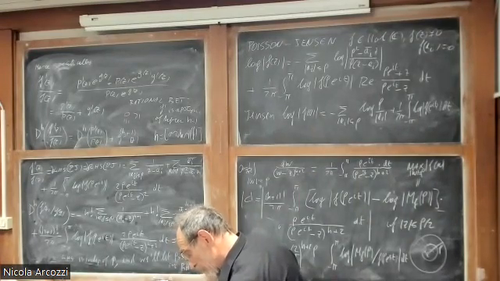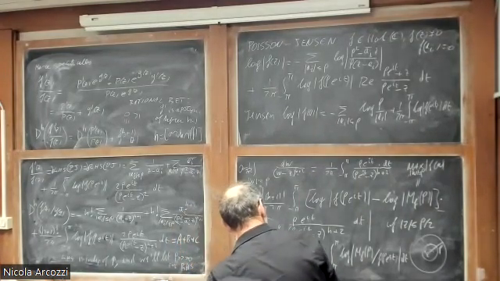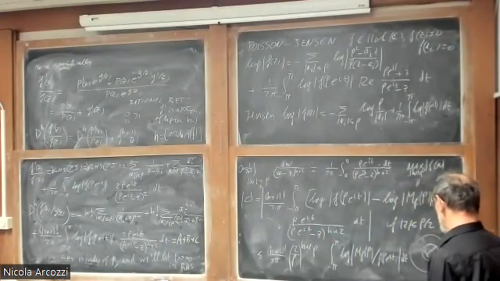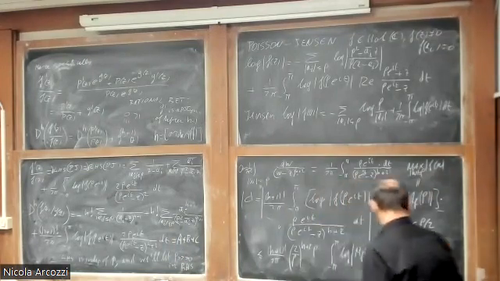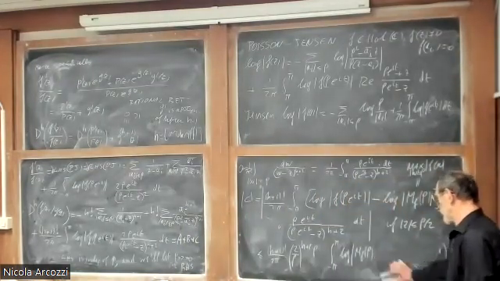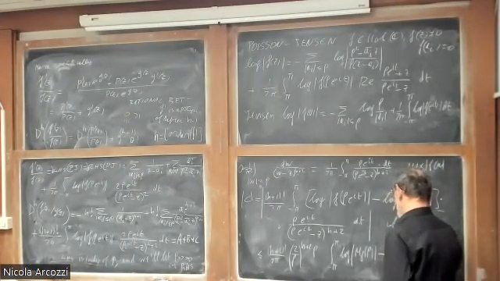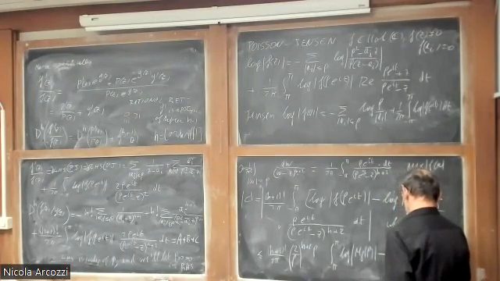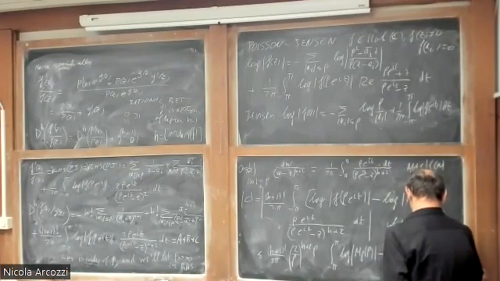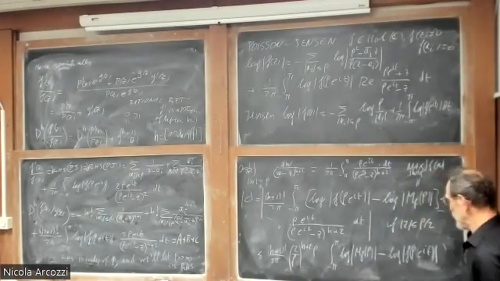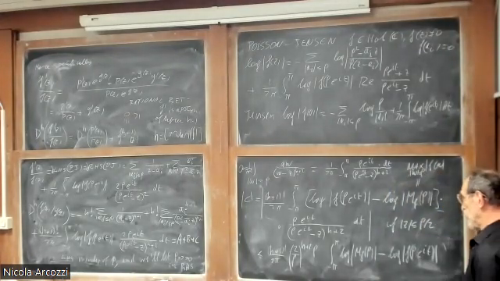But now we can use the mean value. Let me write it slightly different here. This rho next to the exponent is downstairs.